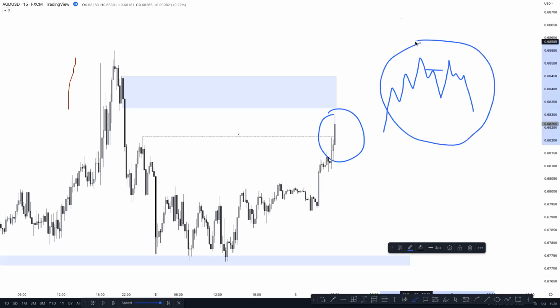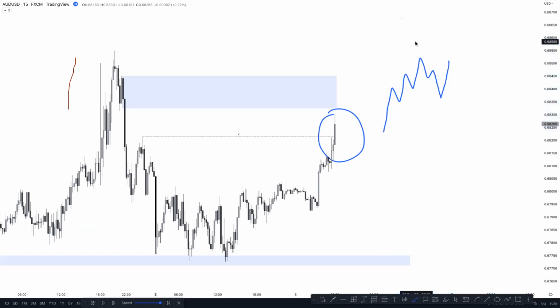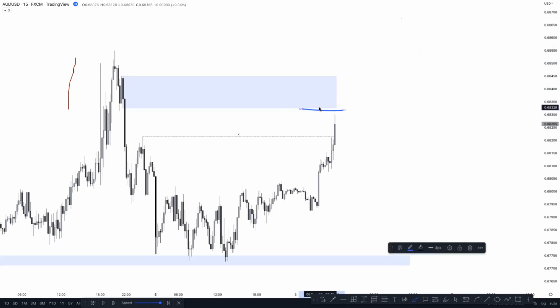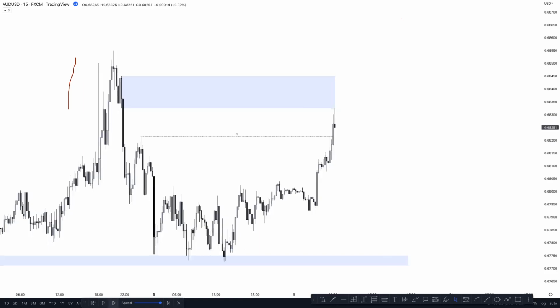Okay. So after taking out the previous high, you have to wait for the first bit, the mitigation of this one. And if price did not mitigate here and give any small reaction here, then you can switch into 1 minute structure for the sell. Right. Now let's see what happened next here.